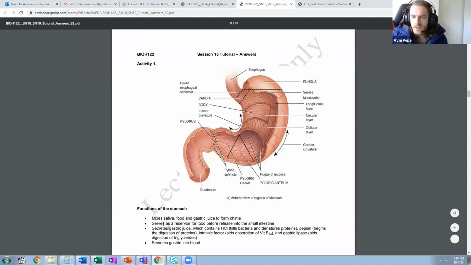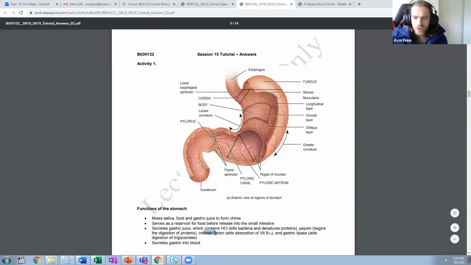Serves as a reservoir of food before release into the small intestine. So, as I mentioned, we can store up to 2 to 4 litres of food here. Secretes gastric juice, which contains hydrochloric acid, which kills bacteria and denatures proteins through the process of activating pepsinogen into pepsin.